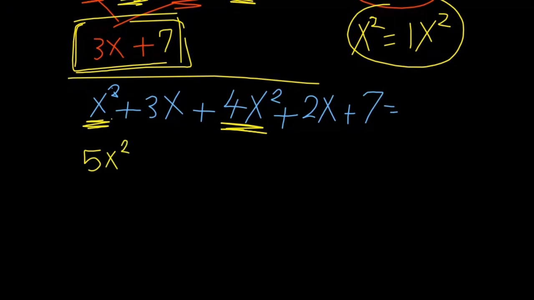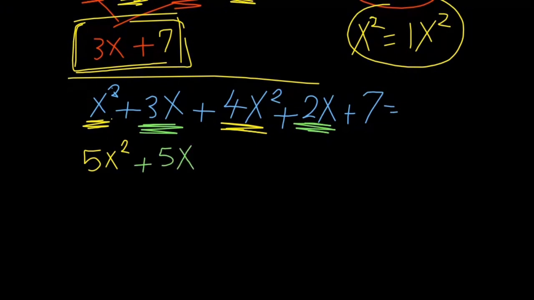Now, what else do we have? We have 3x with 2x. Why do we take them together? Because they both have x, which is the same variable, so we can take them together. So I'm going to add the coefficients. 3 plus 2 is 5. So it is 5x.